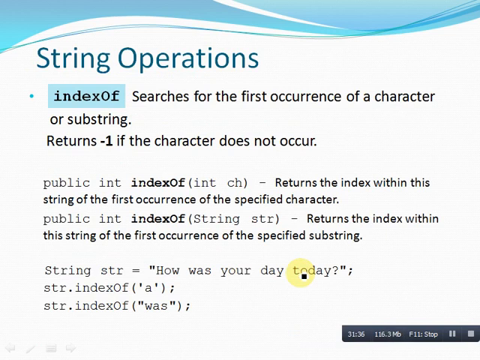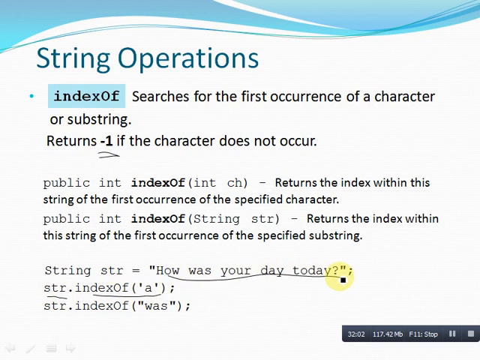Then the indexOf method, indexOf a character. It returns the index of a particular character in a string, that is the number. If the character is not found, it will return -1. For example, str.indexOf('a'), where str is "how was your day today".